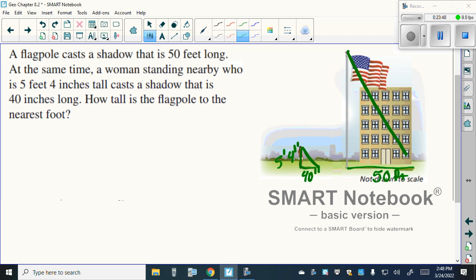Triangle, right triangle. And since they're talking about the same time of day, the angle here would be the same. So we do have 2 angles that are going to be the exact same.